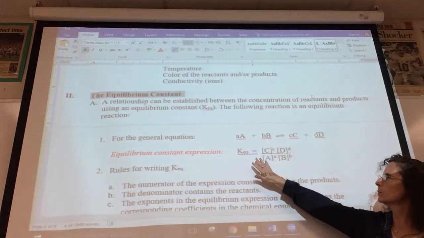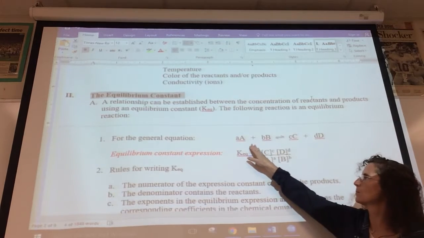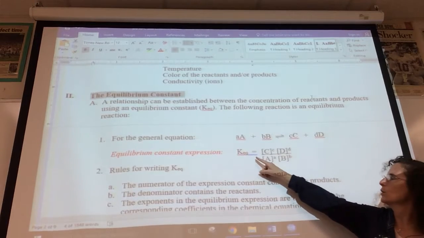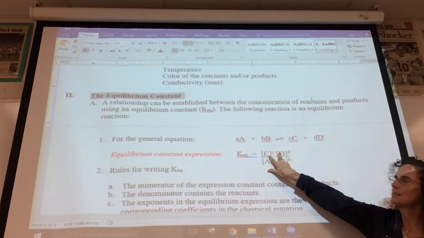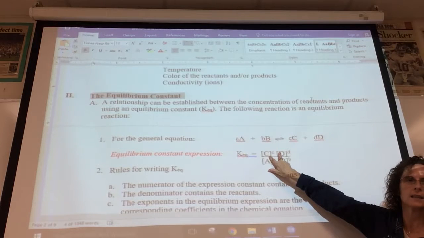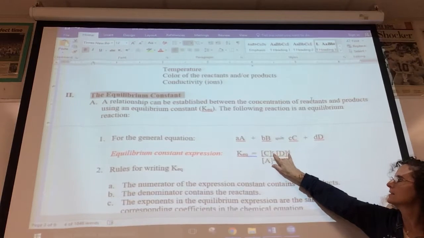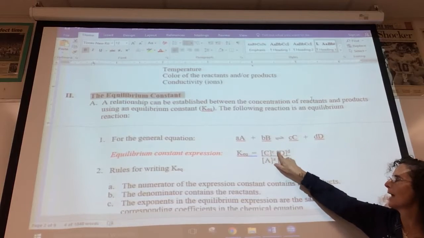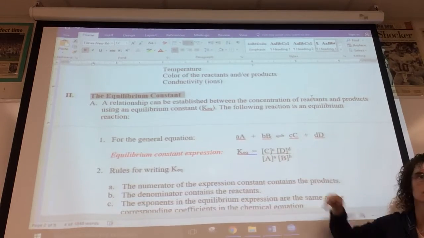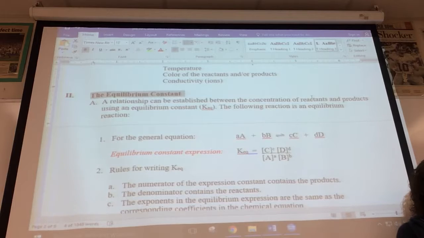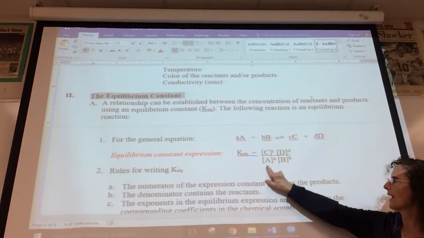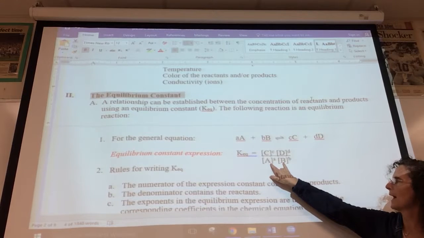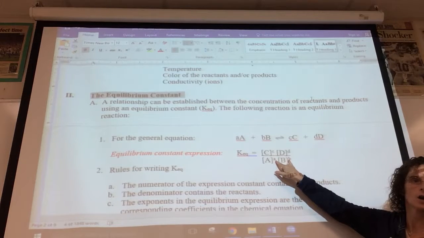Your equilibrium constant expression looks something like this, where KEQ is equal to the concentration of products in the numerator raised to their coefficients. And you don't add these, you multiply. So it's the product of the product concentrations.